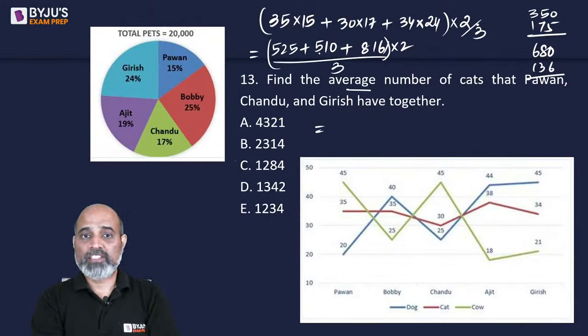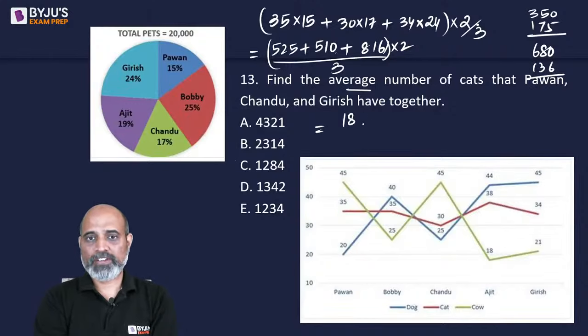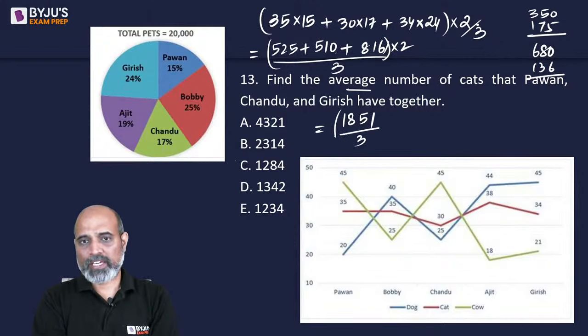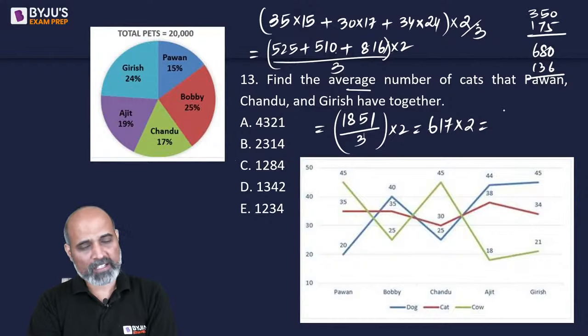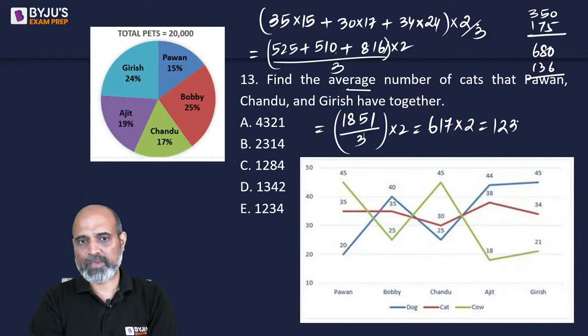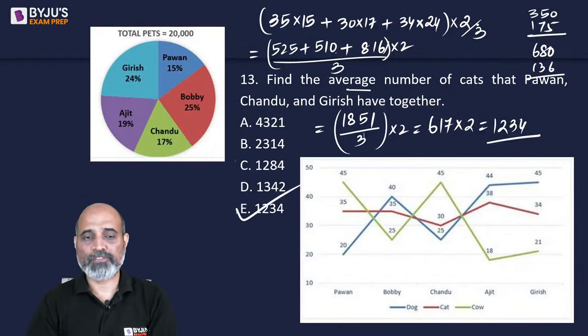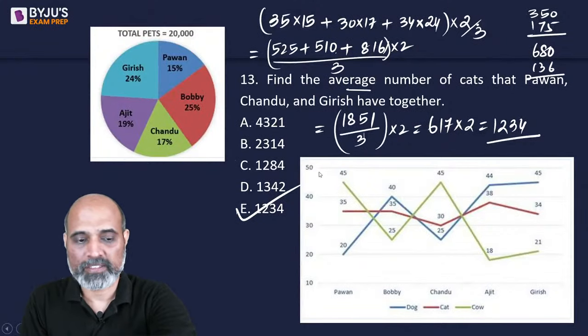So this is 1800, 20, 30, 40, 51 by 3 into 2. 18 का 136, 51 का 130, 17 into 2. 6 का double 12, 17 का double is 34. So 1234. 1, 2, 3, 4 is the answer.